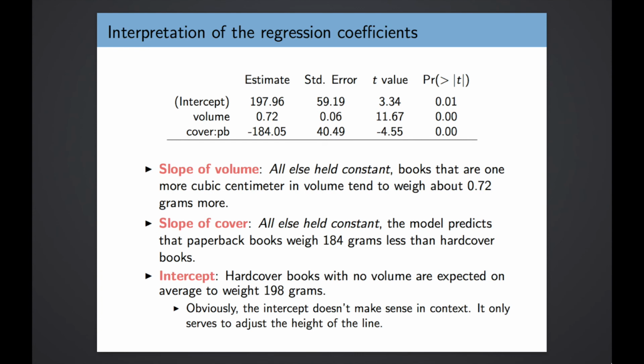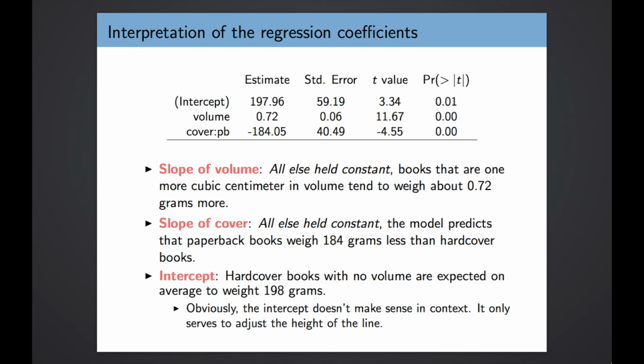So when we move from a hardcover book, which is the cover value 0, to a paperback book with cover value 1, the expected change in weight is negative 184 grams. So that's what a 1 unit change in that independent variable means.